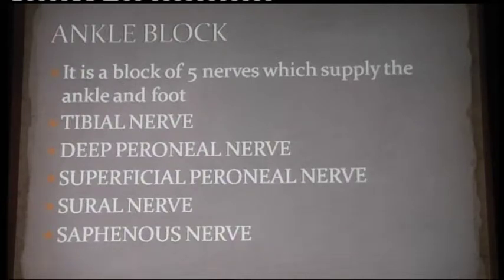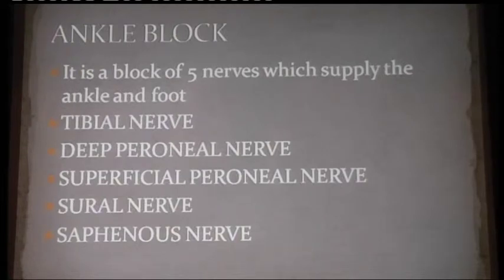Out of the 5 nerves, as everyone knows, in comparison with the upper extremity, you need to block only one plexus, that is the brachial plexus. Whereas in lower extremity, you need to block components of both plexuses, that is the lumbar and sciatic plexus.